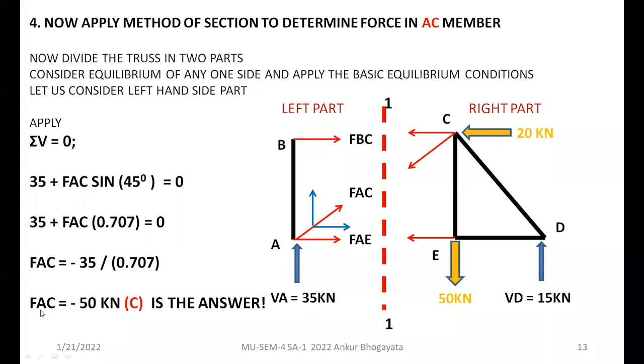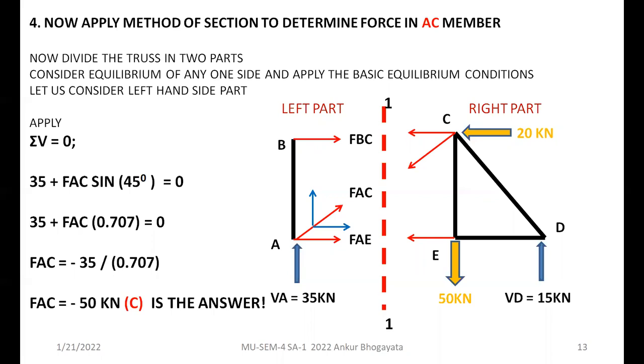So we have got FAC as minus 50 kilonewton, which shows that the diagonal is in compression. And the same answer you can compare with what you calculated in the earlier section, that is, FAC was in compression and the value was 50 only. So this is your first answer.